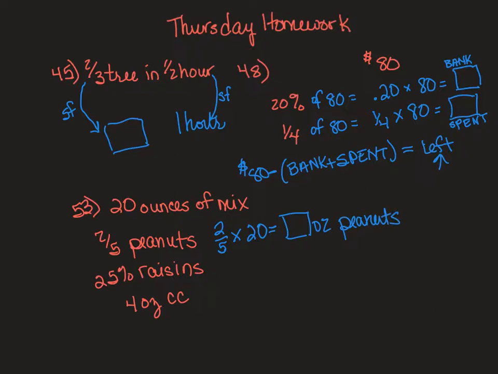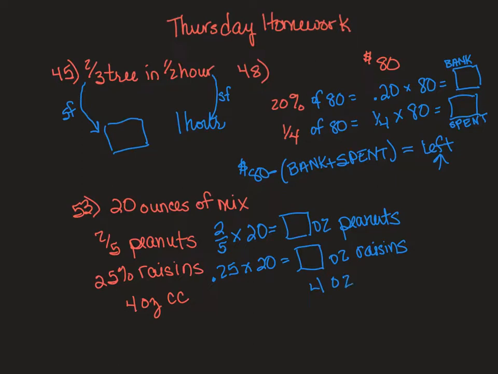Okay, raisins, we have 25%. So notice I'm changing that to a decimal again like I did in 48. And I'm multiplying that by 20, and I'm going to find the amount of ounces that are raisins. And there are 4 ounces of chocolate chips, so I already know that.